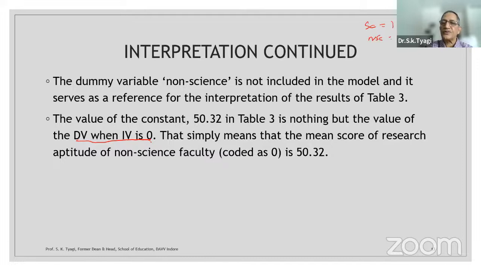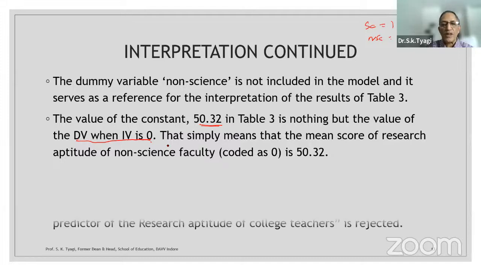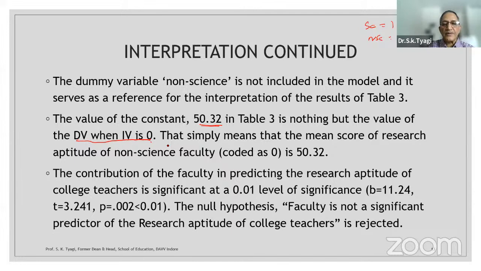So if you substitute the independent variable as 0, the dependent variable is research aptitude. So this is nothing but the mean score of research aptitude of the faculty when the coding is 0, that is non-science. Now, the contribution of faculty in predicting the research aptitude of college teachers.